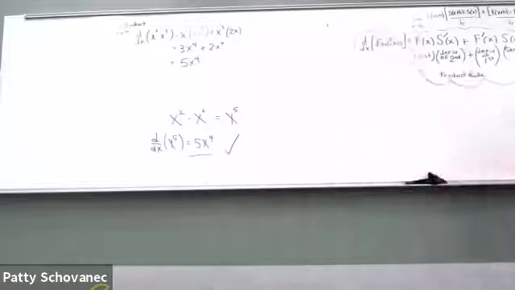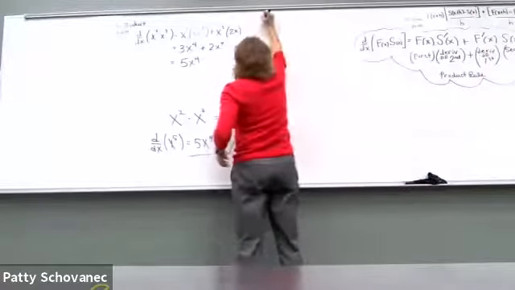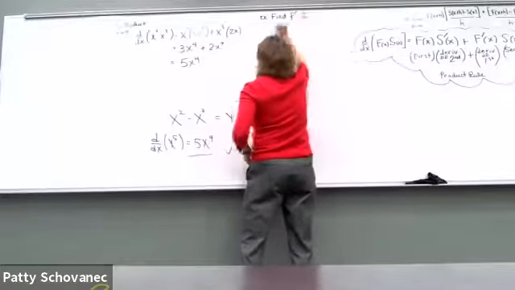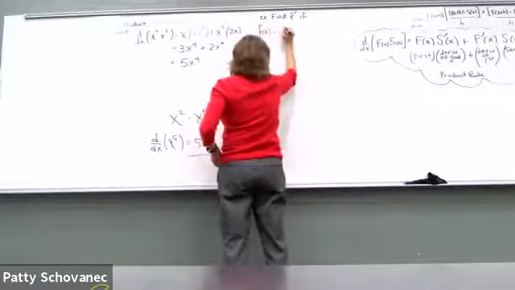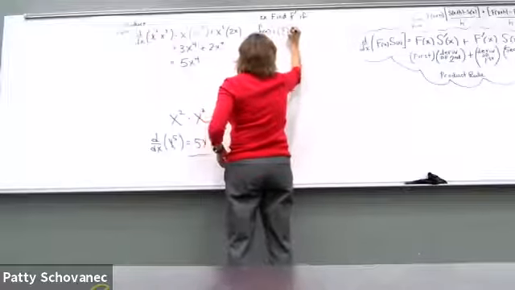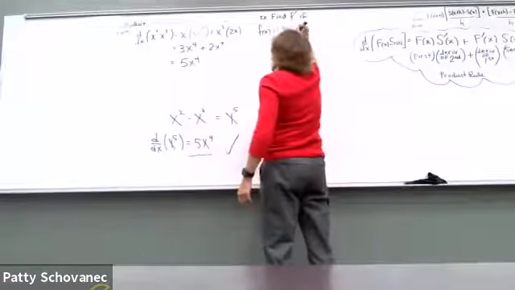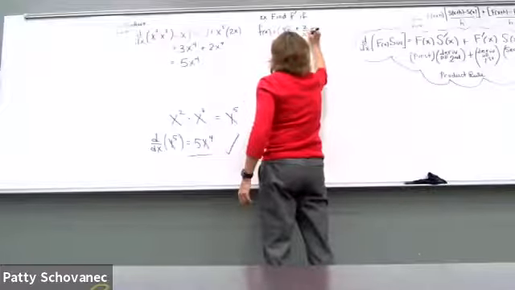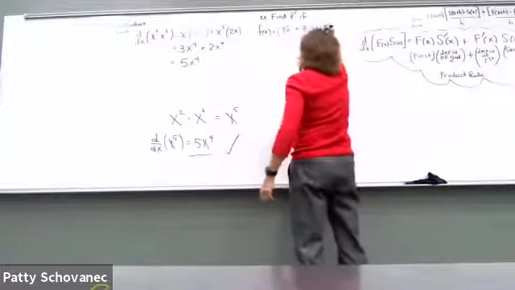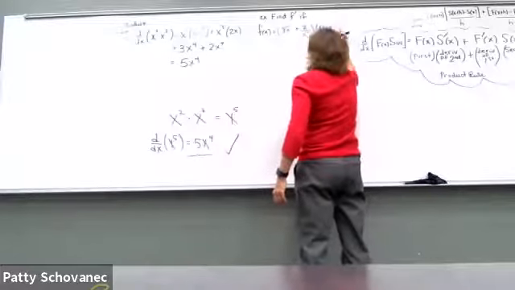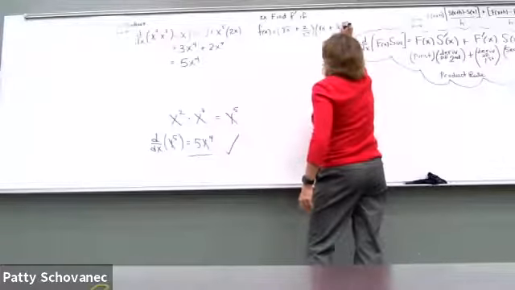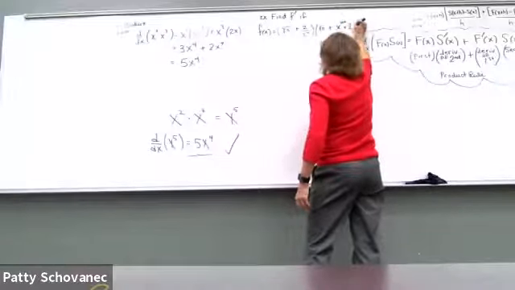So for example, suppose I wanted to take the derivative of, suppose I've got in the first factor the cube root of x plus 2 divided by x to the 4th, and I'm multiplying that with the square root of x plus, I don't know, x to the 100 plus 2.